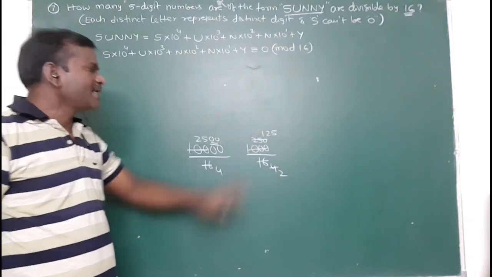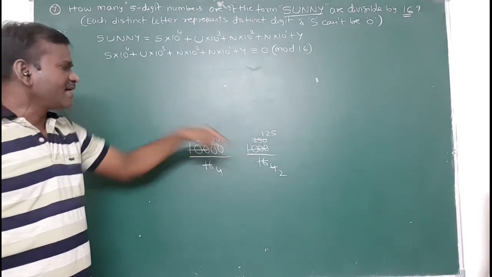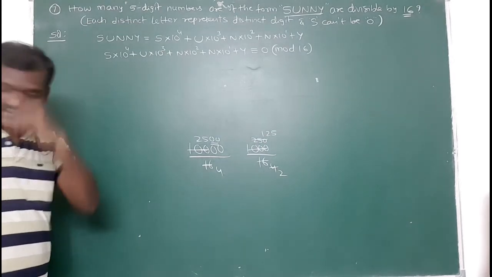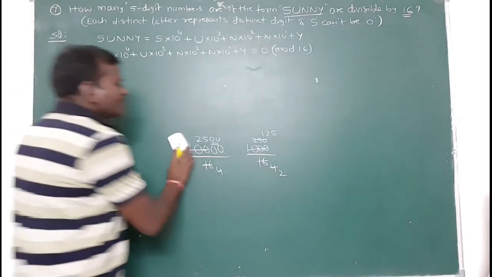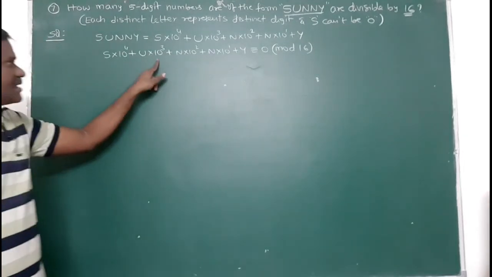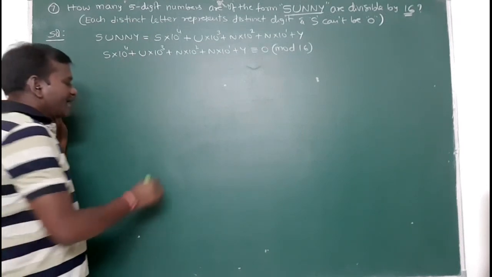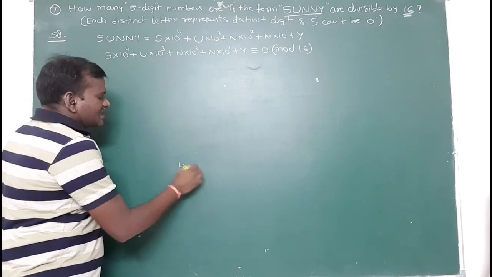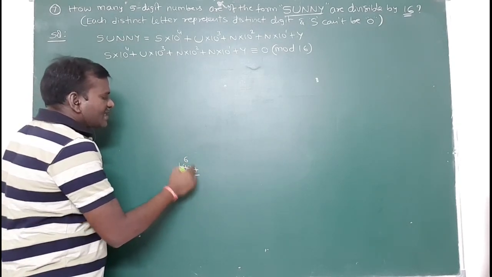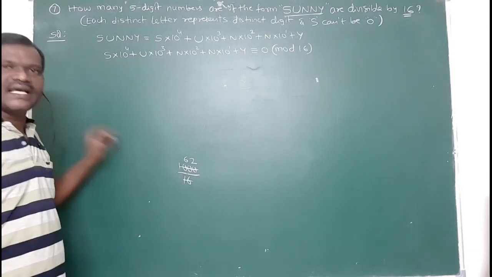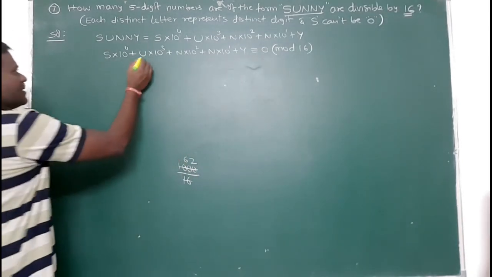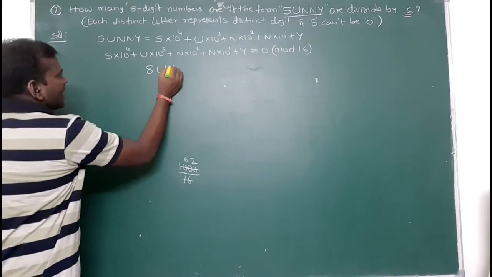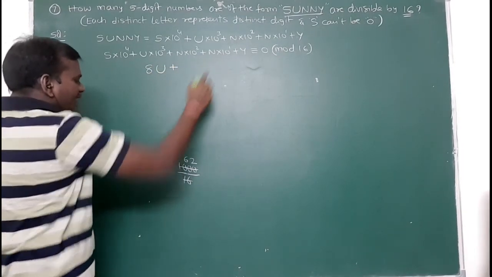What is the remainder? 16 times 6 is 96, then 40, 2 times 16 is 32, so 8 will be the remainder here. So 8U will be left, plus the N terms, 100 and 10, which is 110.